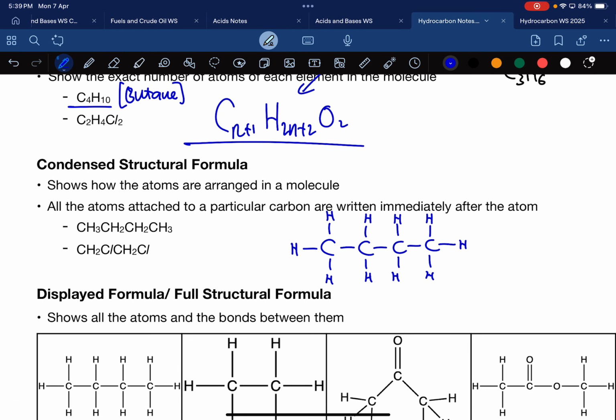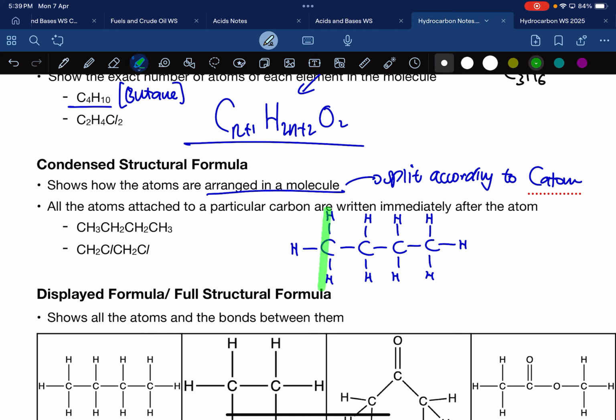Condensed structural formula splits it according to carbon atom. What do I mean by this? Green one first, CH3, right? CH3. And then yellow, CH2, CH2. I'm color coding it, guys. Blue, blue, and then purple CH3, purple CH3.